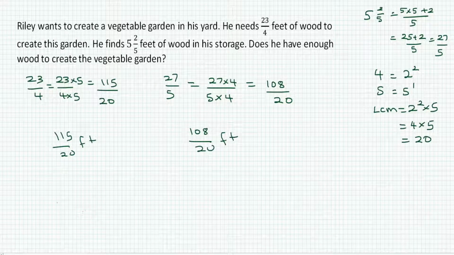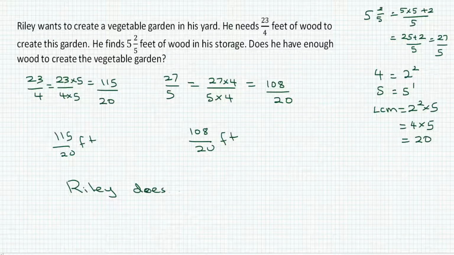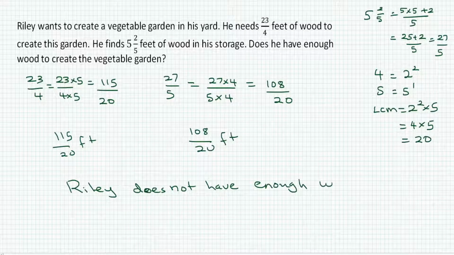So therefore, Riley does not have enough wood. So that's what this means. He needs to get more wood if he's able to create the vegetable garden.